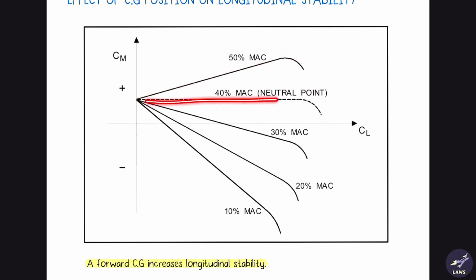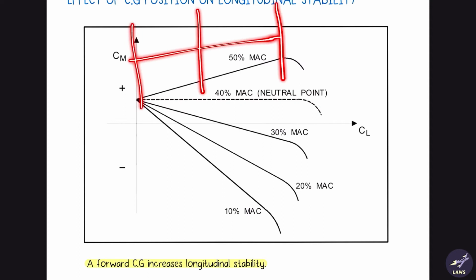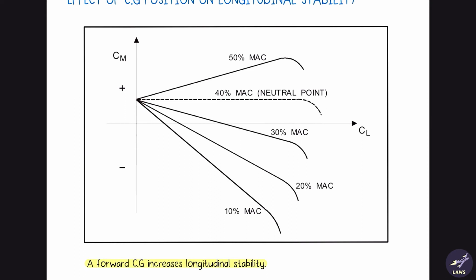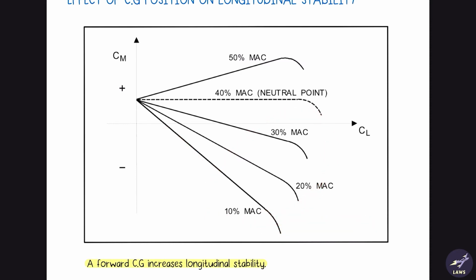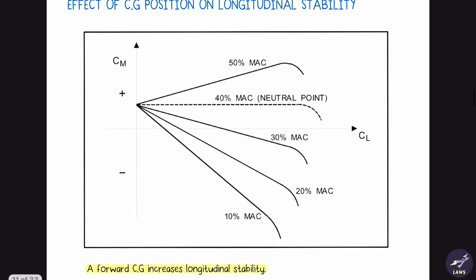At the neutral point, it is neutral, that is the destabilizing moment and the stabilizing moment are the same. Whereas as you move the CG ahead, that is around 30% mean aerodynamic chord, 20 and 10%, in all these cases you have a natural nose down pitching tendency, or we could say a stabilizing tendency. So a forward CG increases the longitudinal stability.